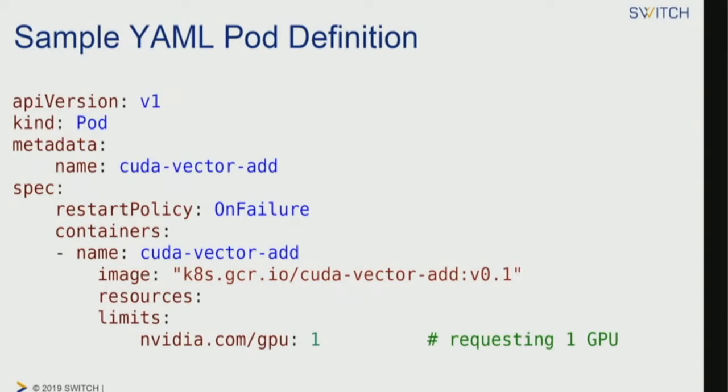In Kubernetes, you define objects, things that have to exist inside of your infrastructure, as YAML files. In this case, I define a pod. A pod is one of those things that you've seen on the screen. And here in this particular pod, I am specifying that I need a GPU. I'm requesting a GPU on the bottom of that YAML definition.